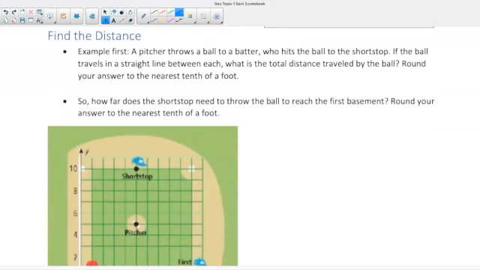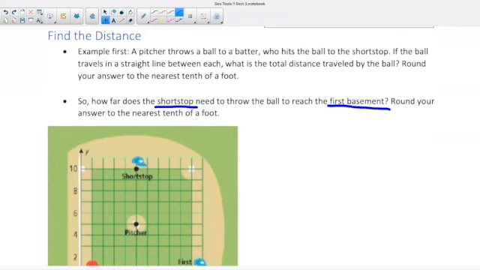A pitcher throws a ball to a batter who hits the ball to the shortstop. If the ball travels in a straight line between each, what is the total distance traveled by the ball? Round your answer to the nearest tenth of a foot. So how far does the shortstop need to throw the ball to reach the first baseman?